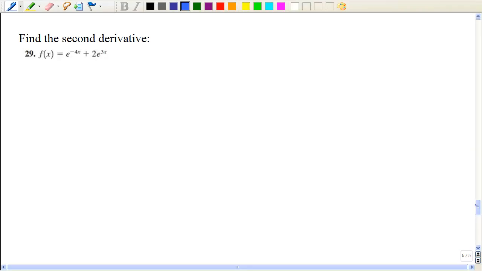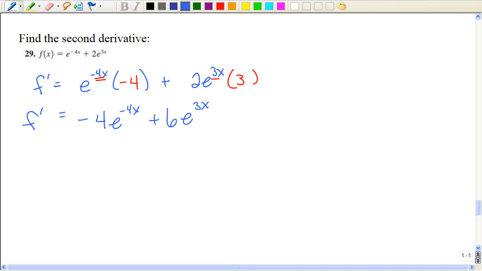All right, now they're asking us to take the second derivative. That just means take the derivative twice. So let's go through that. All right, we'll keep the original function times the derivative of the exponent. The original function times the derivative of the exponent, and that's my first derivative.